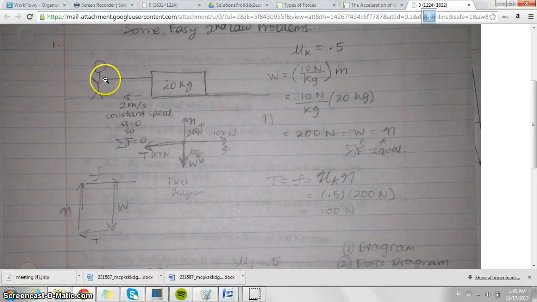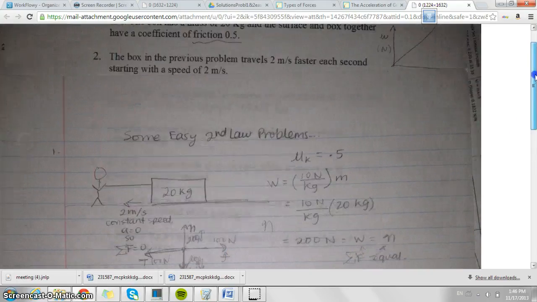So we could just actually say that the person is pulling the box by a rope, and it wouldn't matter if the person was pulling the box with his bare hands or by a rope, just as long as it was with a constant speed. So anyway, the tension due to the rope is 100 newtons, same as the force of friction, 100 newtons. There we go, let's go to number 2.